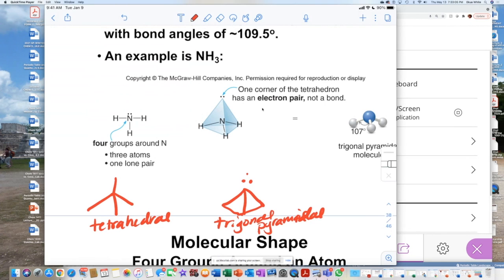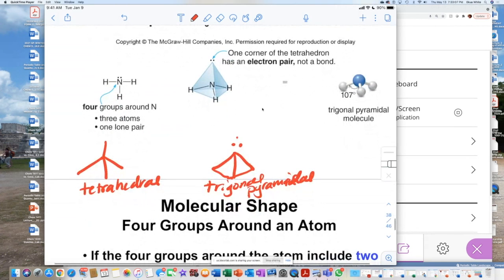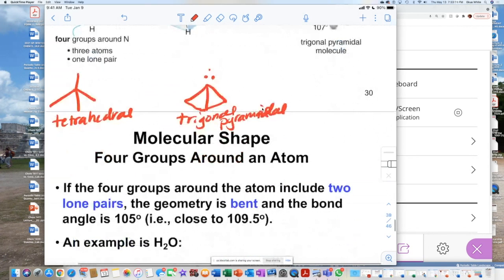Pyramidal, if I can spell and talk. Because it looks like a pyramid with a triangular base. And then, of course, I told you guys about removing, let's see, starting off from the left, removing 2 groups, right? And replacing the 2 groups with lone pairs. The remaining shape formed by the bonds only for this will be bent.